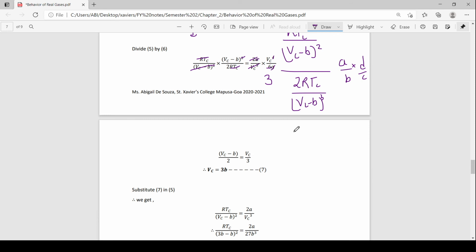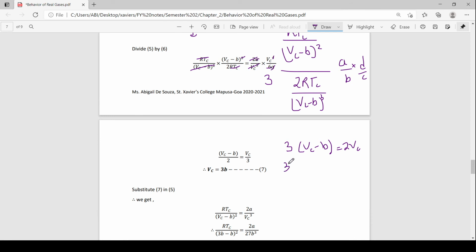Now we have done all this only to determine what the critical constants are, and in what form we get them. So let's look at this again. I can write this as 3 times (Vc minus b) equals 2 times Vc.